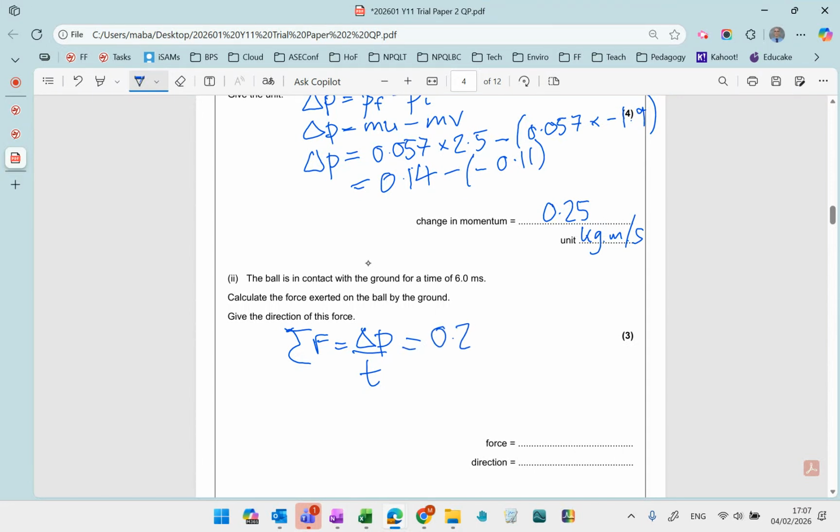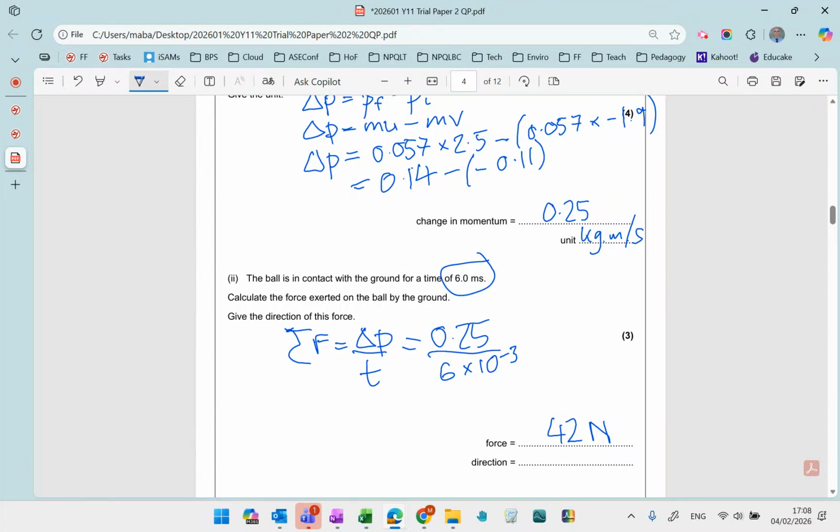We just worked that out in the previous question, and of course the sneaky bit here is that the time is 6 times 10 to the minus 3, or 0.006. Work that out on a calculator, and you're going to get 42 newtons.